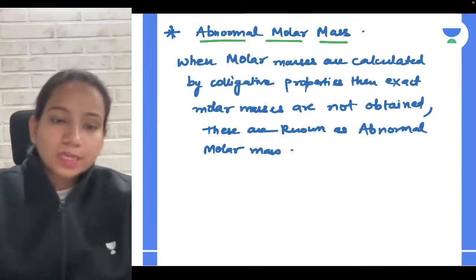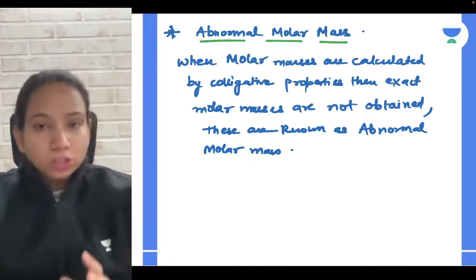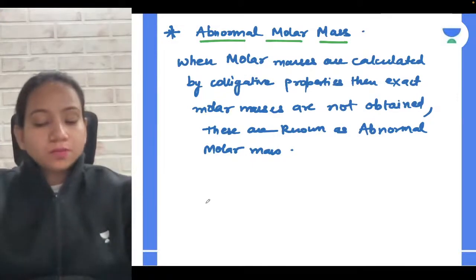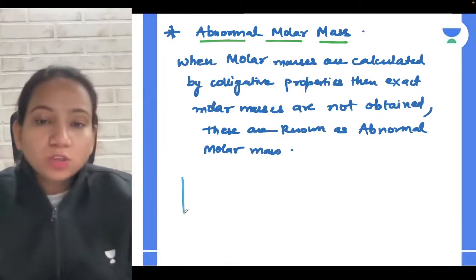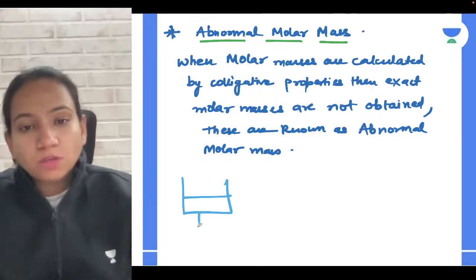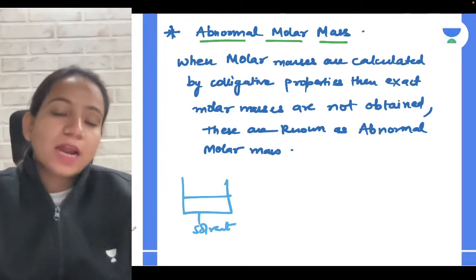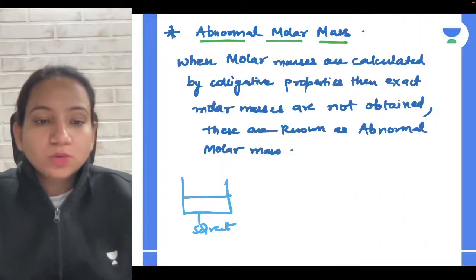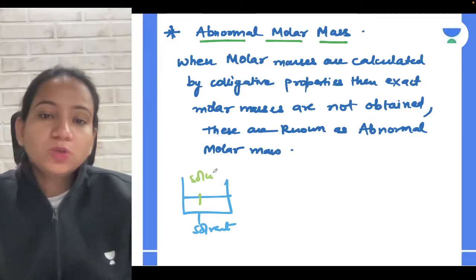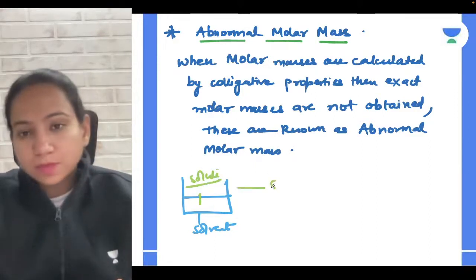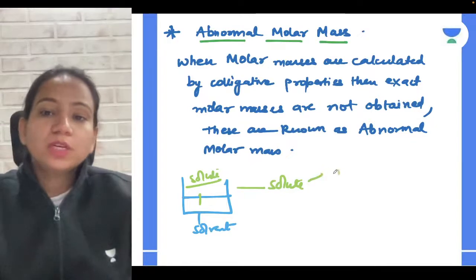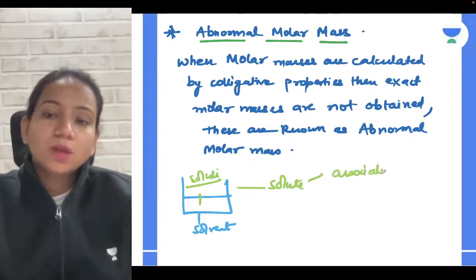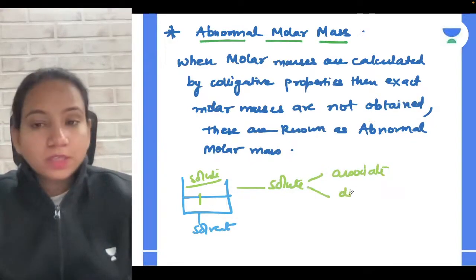But guys, whenever you add a solute to a solvent, what is going to happen in that case? This solute either can associate or it can dissociate. It won't stay just like that, no?